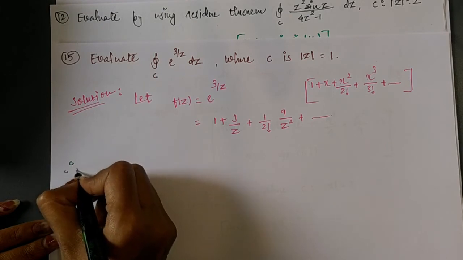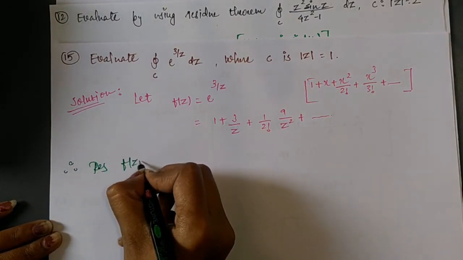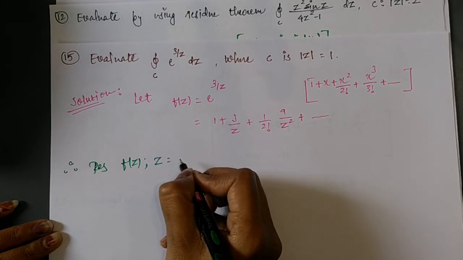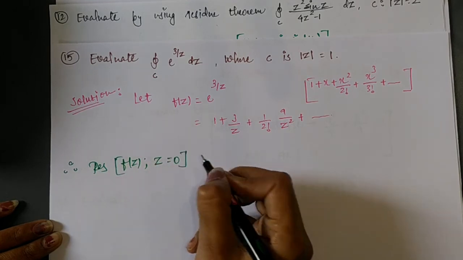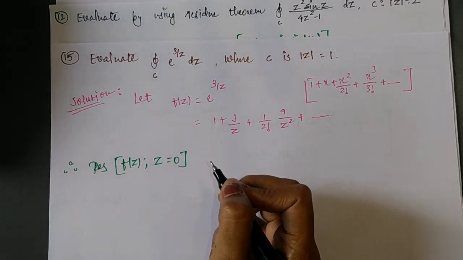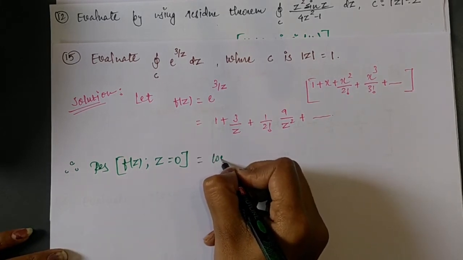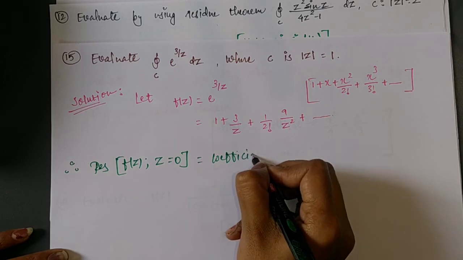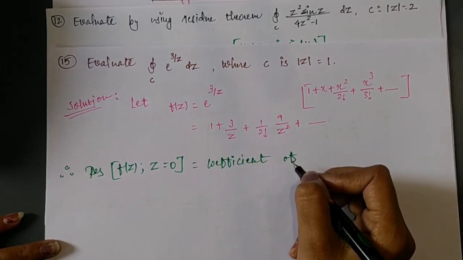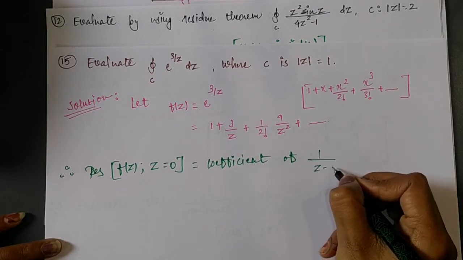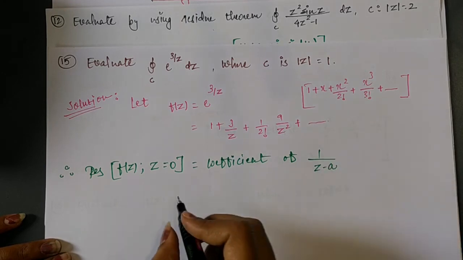So I am writing its formula: the residue of f of z at the point, which here is the center 0. No point is given here, so definitely you will find it at the point 0, equal to the coefficient of 1 upon z minus a.